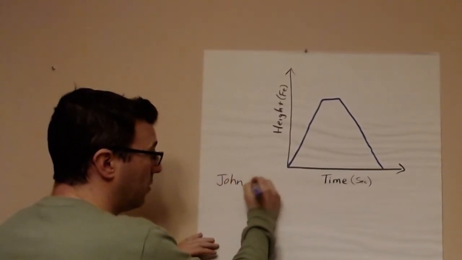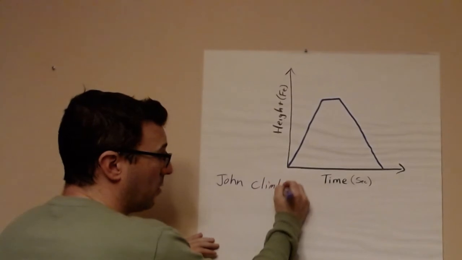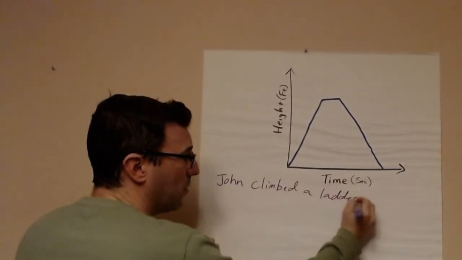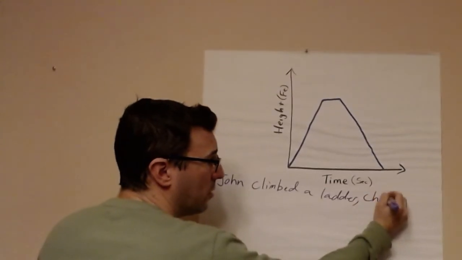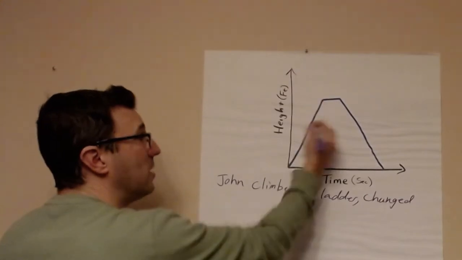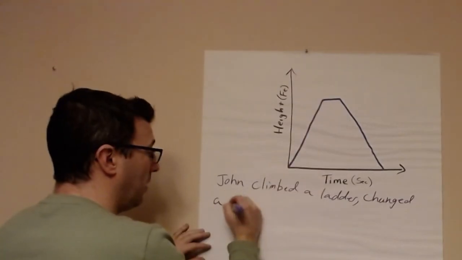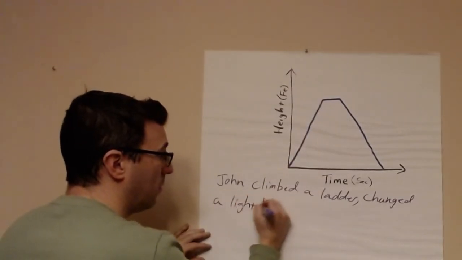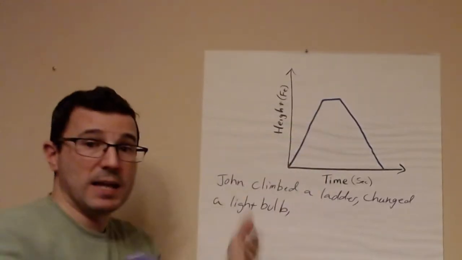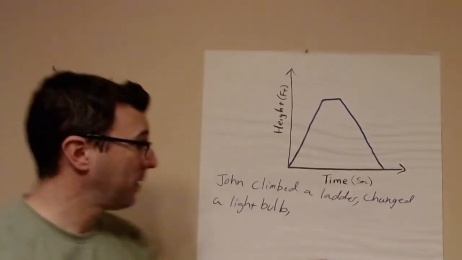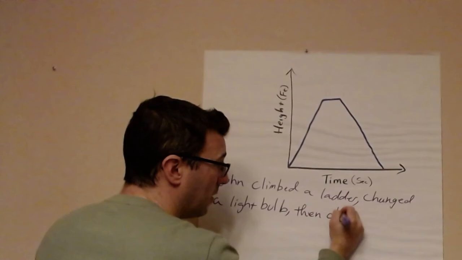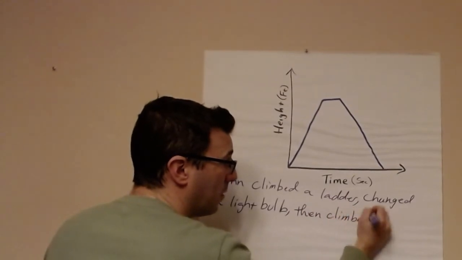John climbed a ladder. All right, so he climbed a ladder, changed a light bulb. All right, which would mean he's staying at the same height for a little bit. And then climb back down.